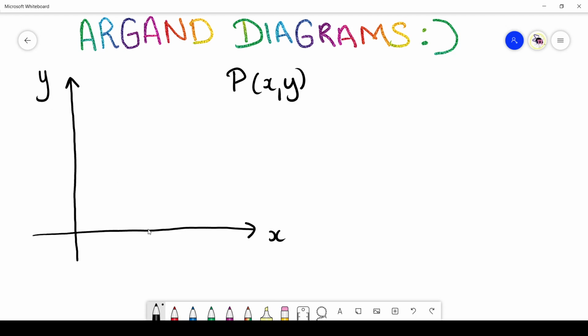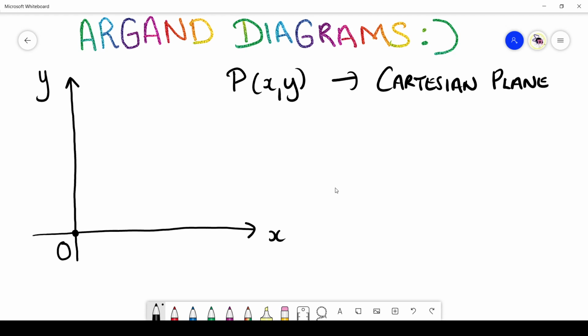The x-axis is horizontal and the y-axis is vertical. And this here is called our origin. Now, this is for the Cartesian plane that everybody becomes familiar with once you start plotting points to draw straight line graphs or quadratics, etc.